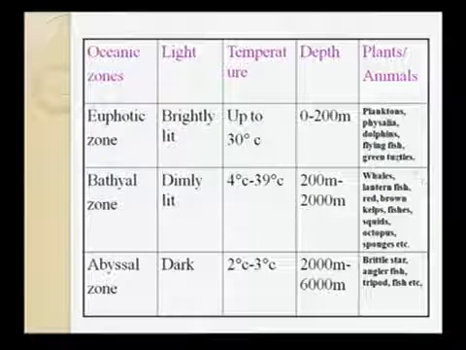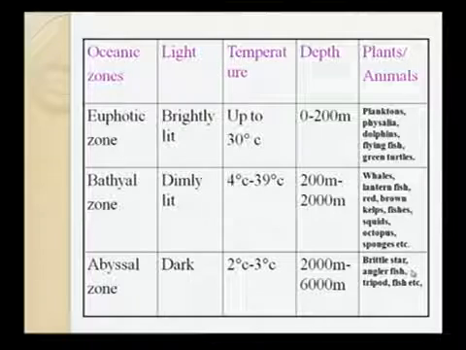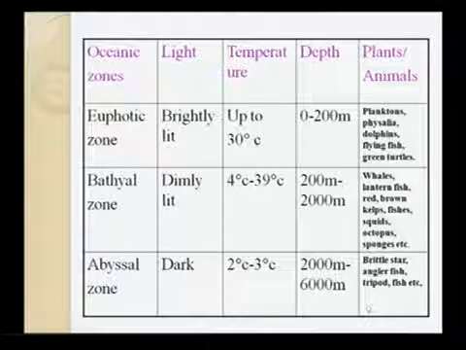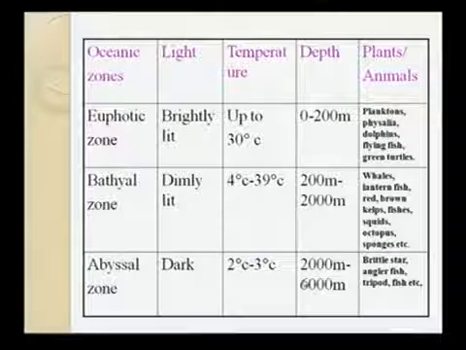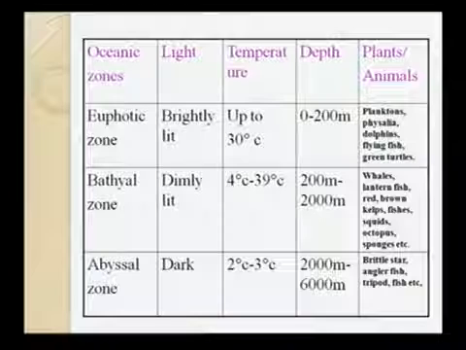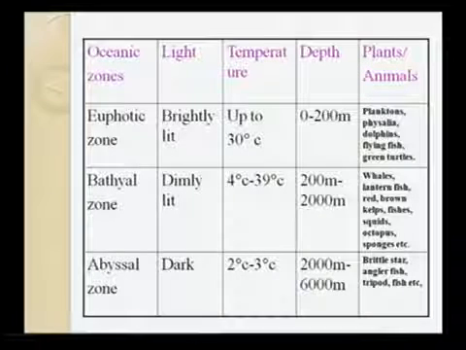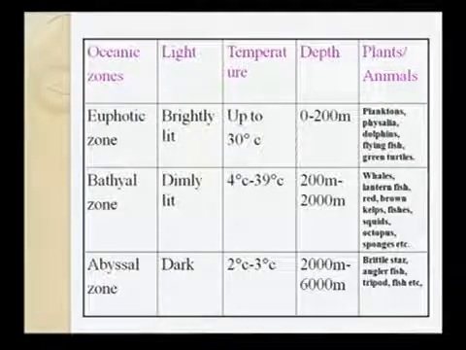Animals like brittle star, anglerfish and tripod fish can survive in this zone, okay? Do you get an idea? Friends, if you don't catch me, look into your textbook, so that you can understand what I am teaching, okay?